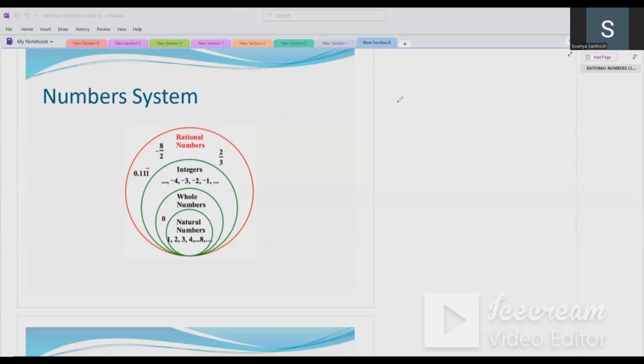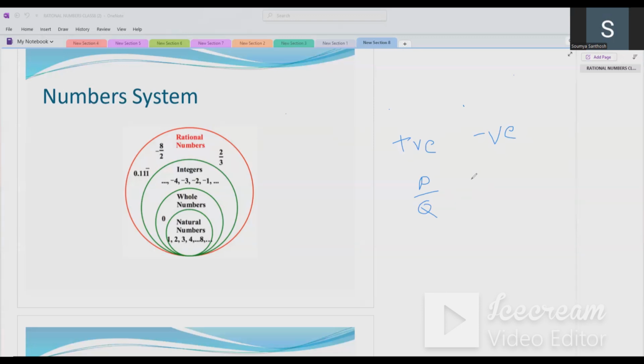We cannot say a fraction is a rational number, but negative and positive fractions together are called rational numbers. So the numbers, whether positive or negative, which are in the form of p by q, are known as rational numbers.